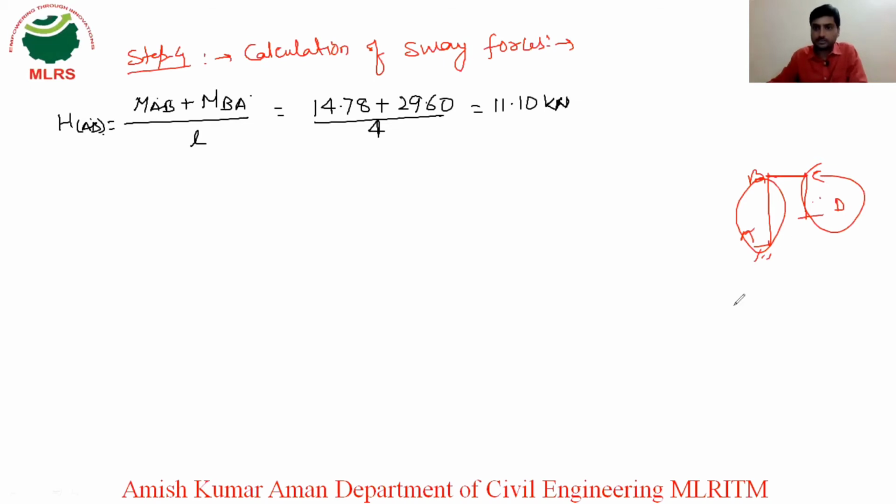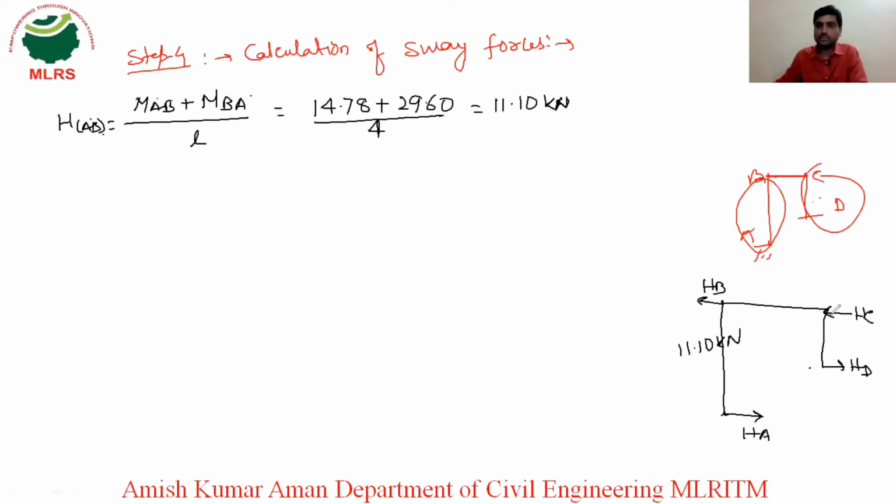So if you see here, once I will draw it again. So if you see here, at A, this is your HA, this is your HB, this is your HC, sorry D, this is your HC. So these two values are 11.10 kilonewton.